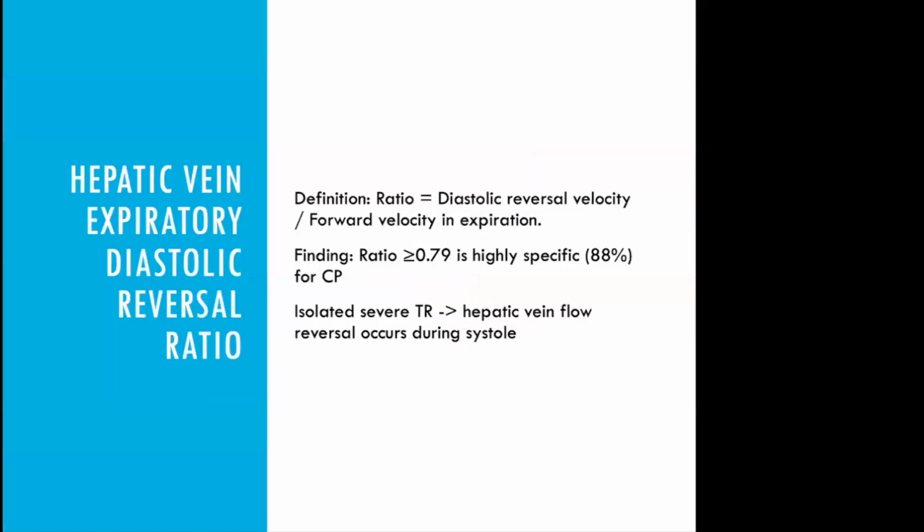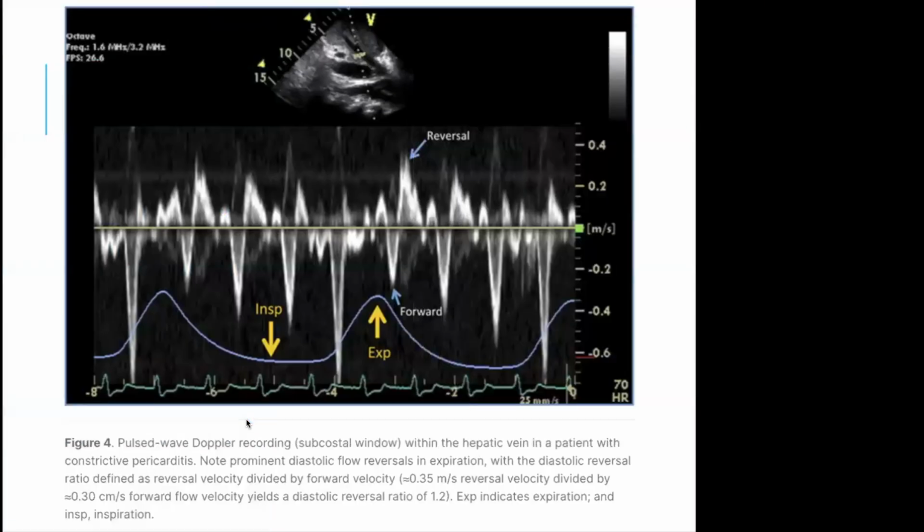The last variable that we'll talk about is the hepatic vein expiratory diastolic reversal ratio. So I'll actually show the picture first. This is, again, using a pulse wave Doppler at the hepatic vein to look at flow during systole and diastole.